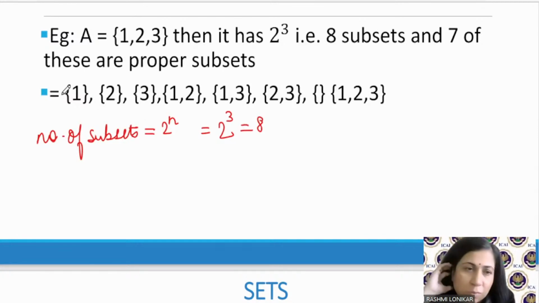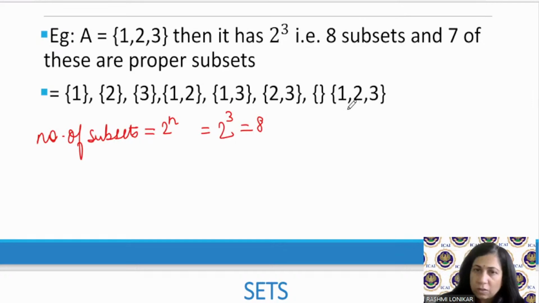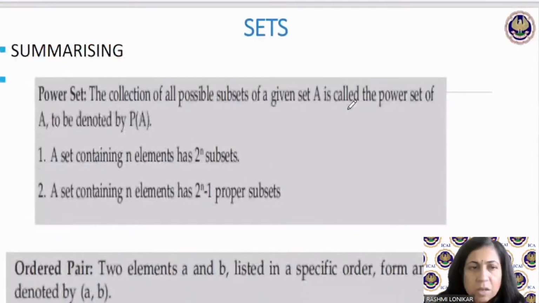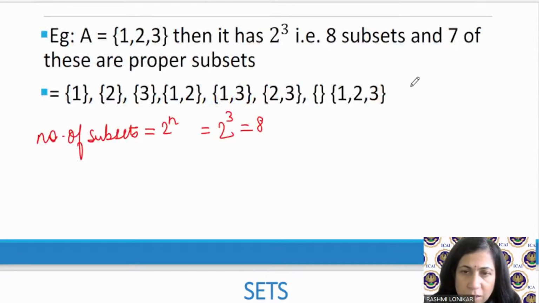And what are those subsets? 1, 2, 3, 1 2, 1 3, 2 3, null set, and 1 2 3. So all you have to do is write down all the elements. First you will write them singly, then in pairs, and then in groups of 3, and so on. And what is this called? This is called the power set.